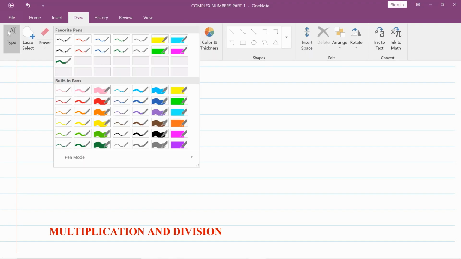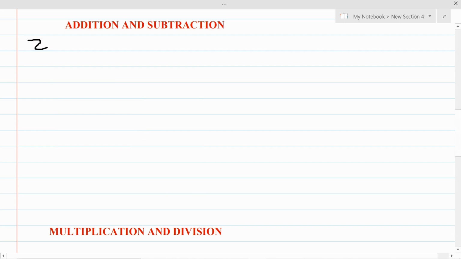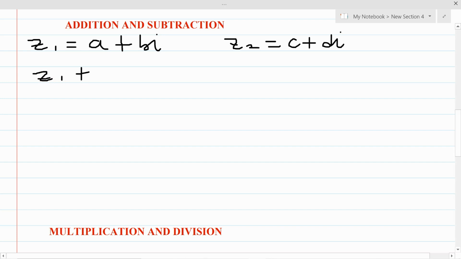If I have a complex number z1 as a plus bi, and z2 as c plus di, then for the addition, z1 plus z2, you just add the real parts, then you add the imaginary parts. The real part for z1 is a, and the real part for z2 is c. So it becomes a plus c.